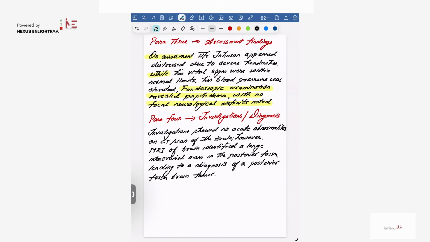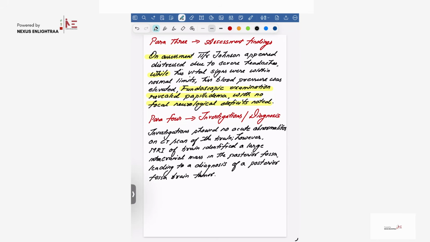However, and you need to use a comma after you put however, MRI of the brain identified a large intracranial mass in the posterior fossa, leading to a diagnosis of a posterior fossa brain tumor.